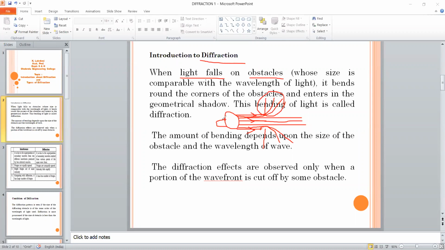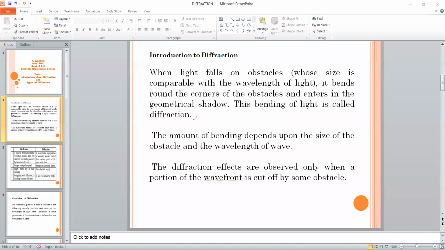The diffraction effects are observed only when a portion of the wavefront is cut off by some obstacle. This will be explained with another picture also.